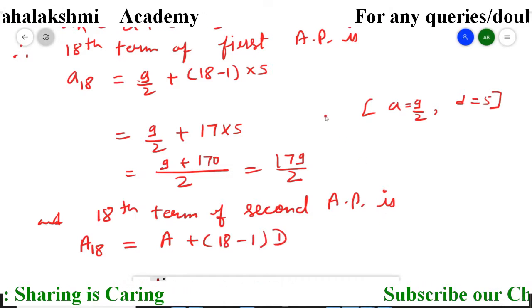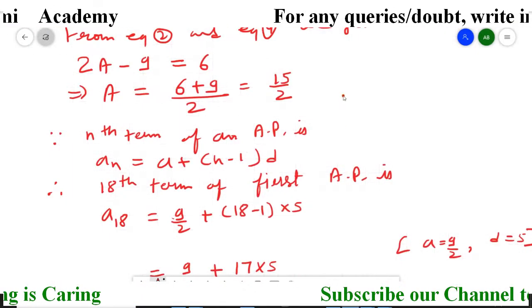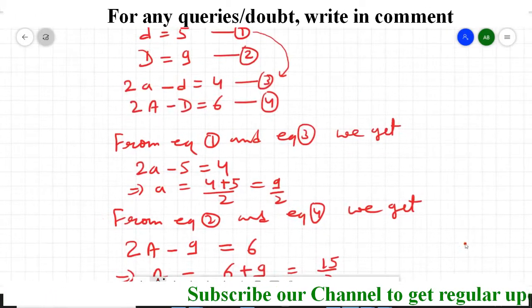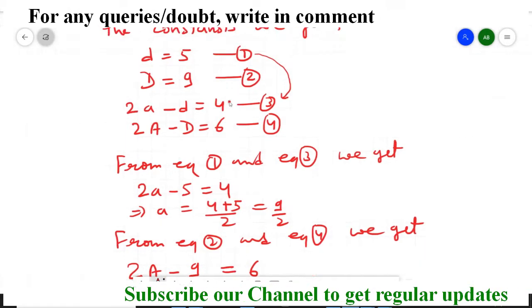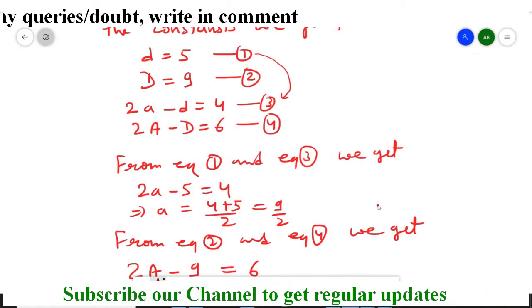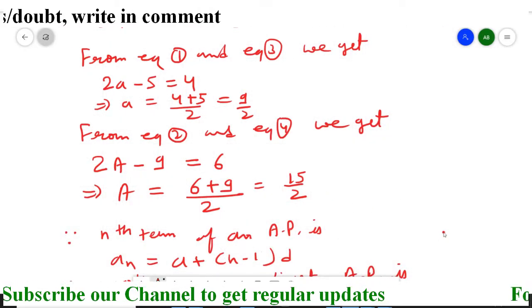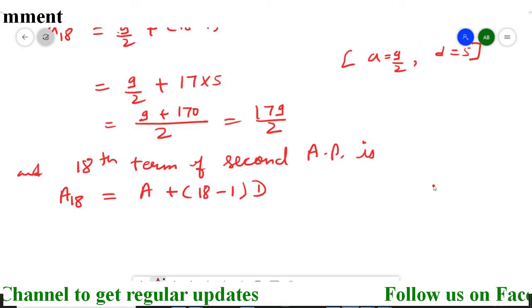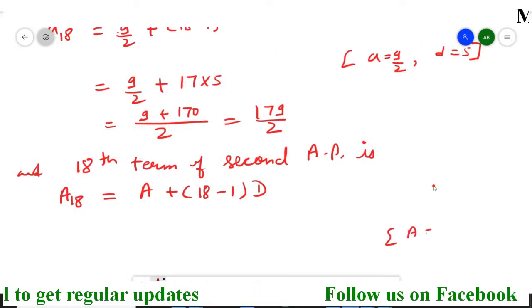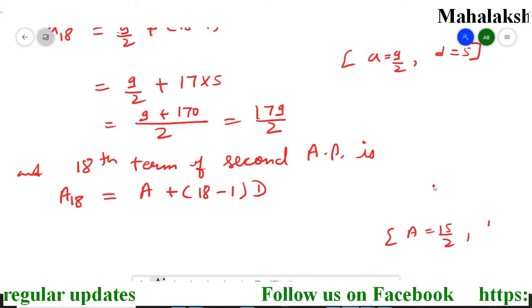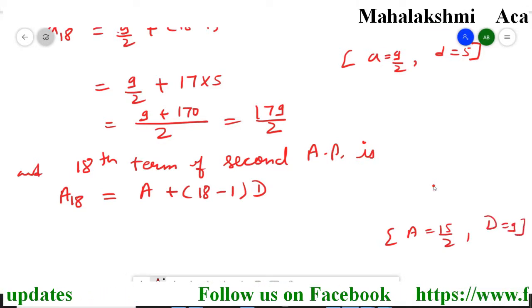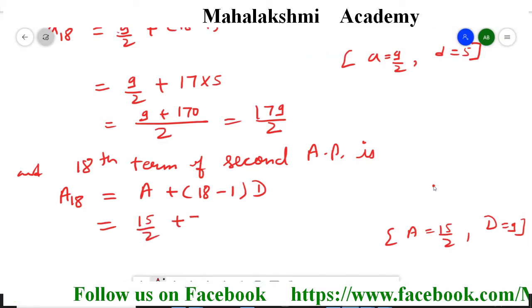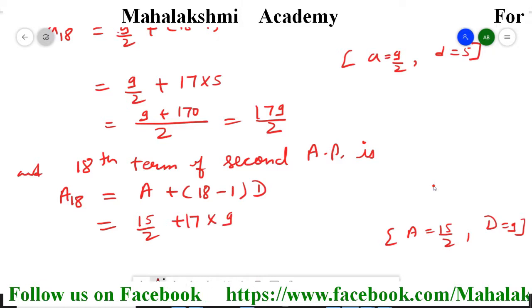Now we'll see the values of capital A and capital D we calculated earlier. Capital A is 15 upon 2 and capital D is 9. These values will be replaced here, so that will give us 15 upon 2 plus 17 multiplied by 9.